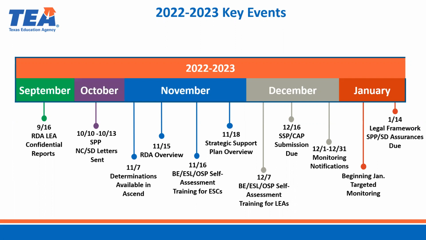In November, the Division of Review and Support will offer the following webinars: the RDA Overview, the Strategic Support Plan Overview, and the Bilingual Education, English as a Second Language, Emerging Bilingual, and Other Special Population Self-Assessment Training Session for ESC personnel.